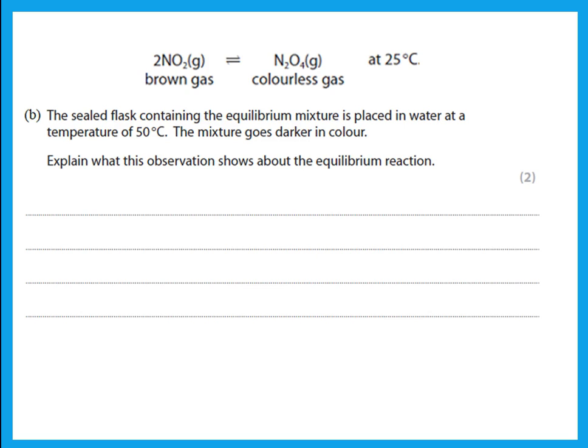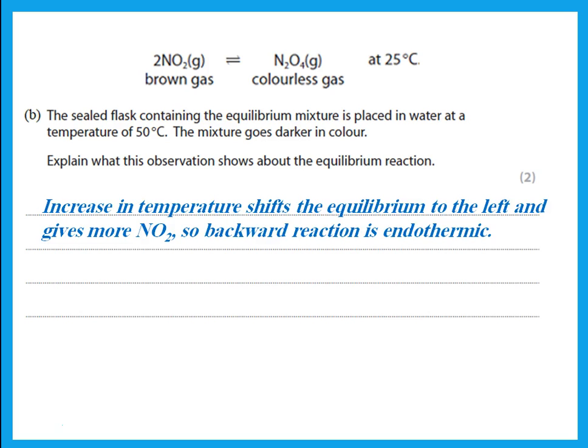Now explain what this observation shows about the equilibrium reaction. Well, I raised the temperature and it went backward. And we know that raising the temperature, the reaction goes to the endothermic side. That means that the endothermic side is the backward reaction. So increase in temperature shifts the equilibrium to the left. It gave more NO2. That's why it became darker in color. And that means that the backward reaction is the endothermic reaction.